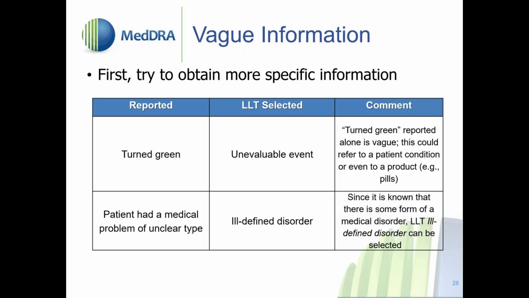Perfect. The second question is, if the initial case contains possible diagnosis and symptoms, we code all terms, but when follow-up confirms the diagnosis, should those symptoms then be removed from the case? Another good question, and another one where I tell you it also depends on how your organization configures these updates.